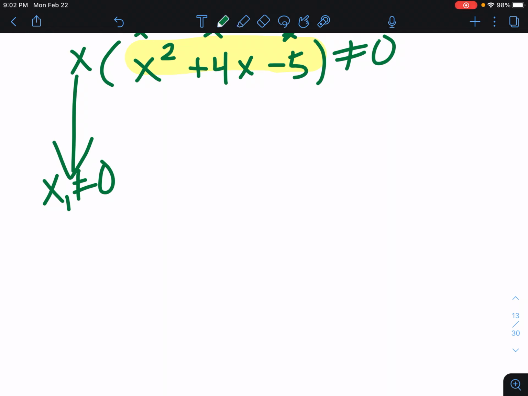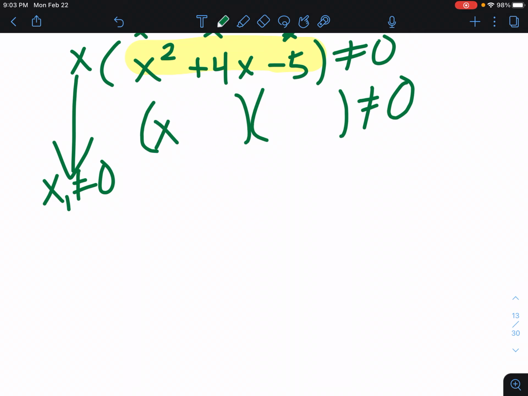It doesn't matter what you use. I'm going to factor here just because I'm pretty good at factoring, and I can tell right away this one is easily factorable. I really only use the quadratic formula when things are not factorable or when a trinomial has a number in front of the x squared.